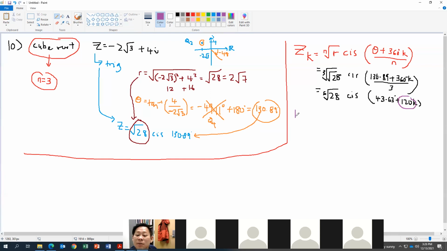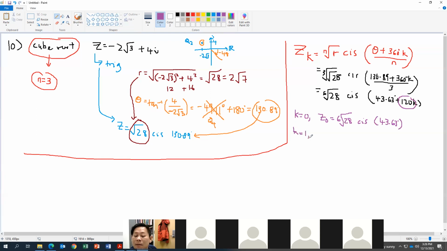The first one we're going to do is when k is 0. So it's z0, and you get the 6th root of 28 cis 43.63, because our k is 0, so we do not need to add anything.